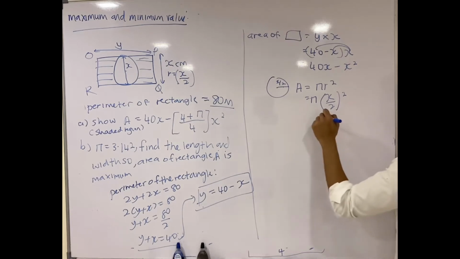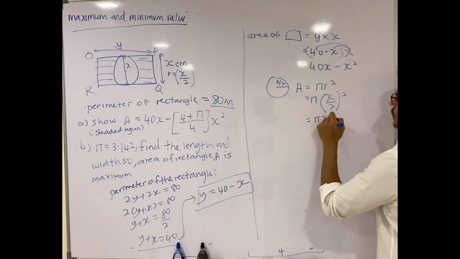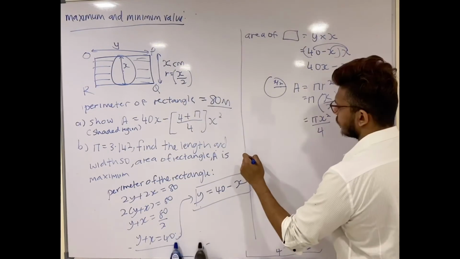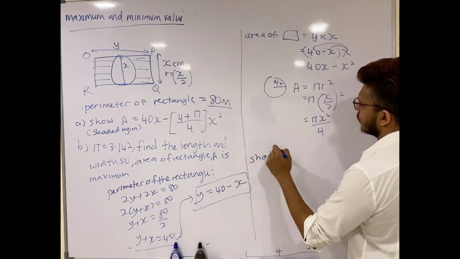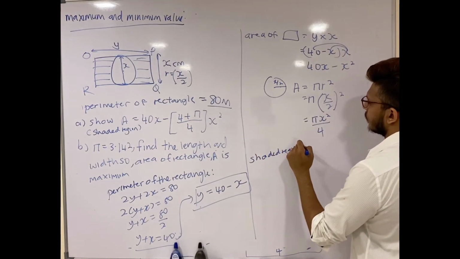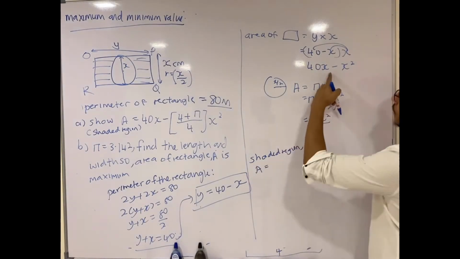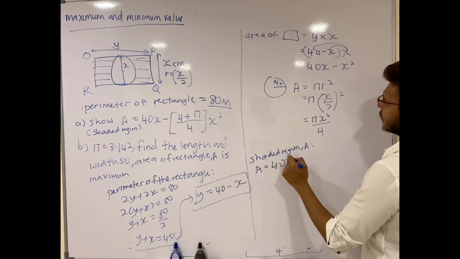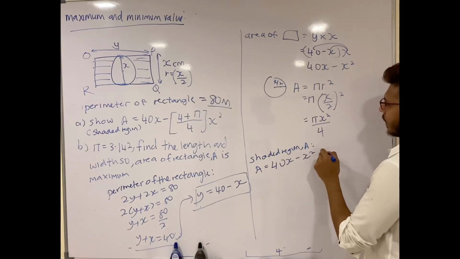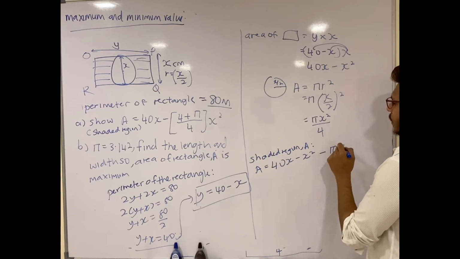What do I get here? So, A is equal to the entire region, which is 40x minus x squared minus pi x squared over 4.